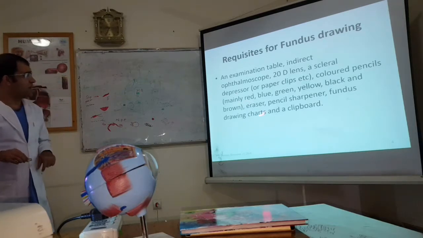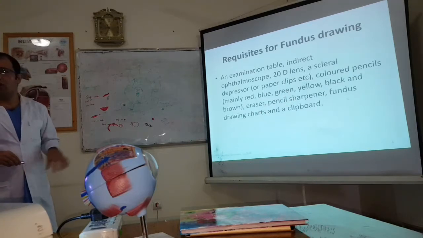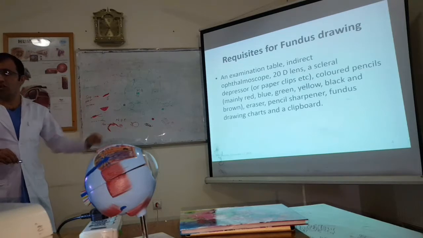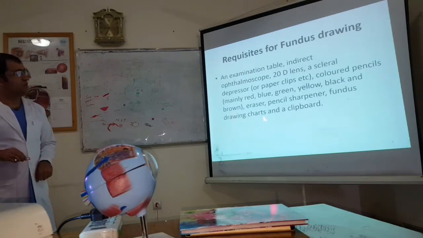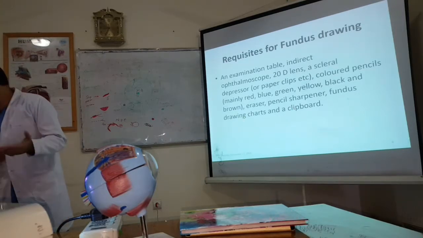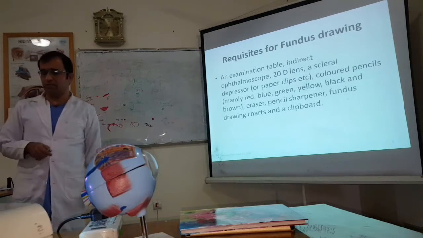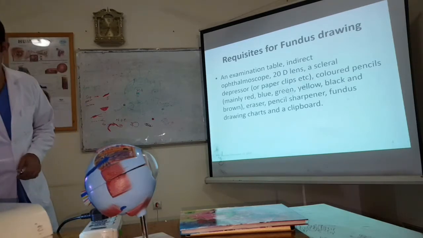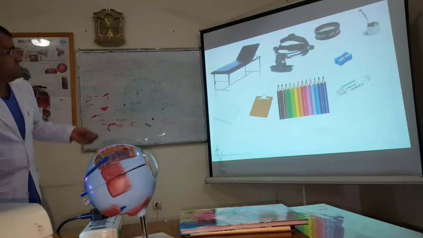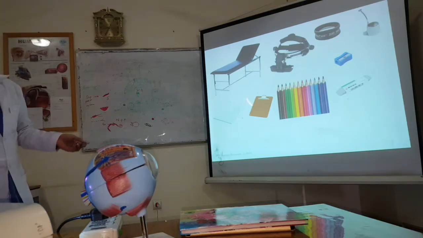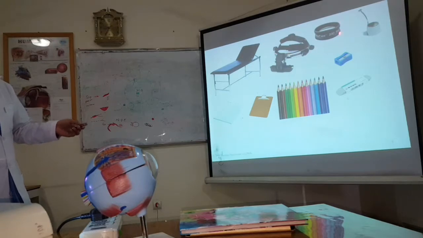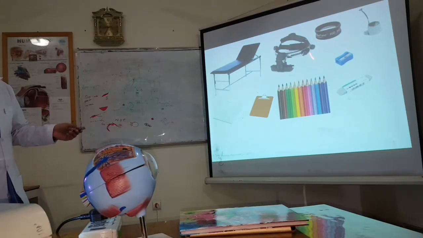And next we also have to have an eraser, pencil sharpener, and fundus drawing charts. That's also called the Amsler-Dubois chart. And also a clipboard. I forgot to bring the chart itself, but I have the pictures. So this is the examination table. While doing fundus drawing you have to have the indirect ophthalmoscope and the 20 diopter lens.